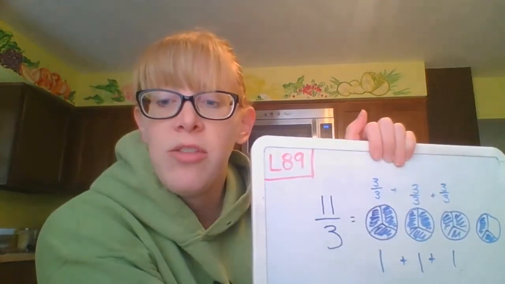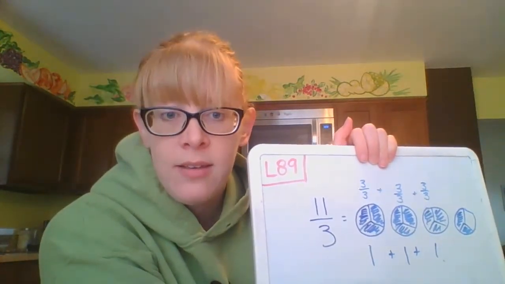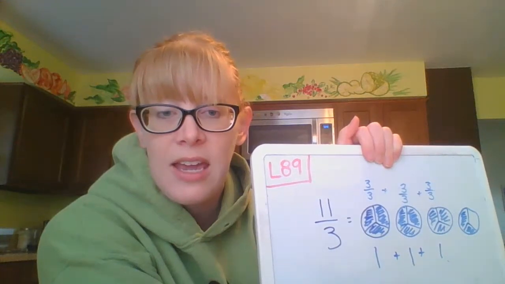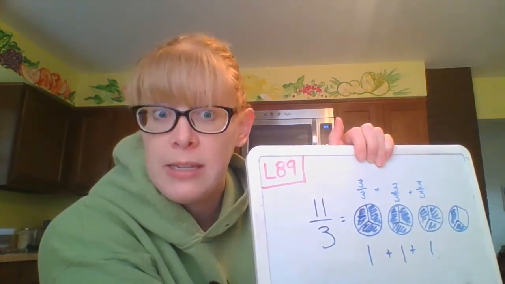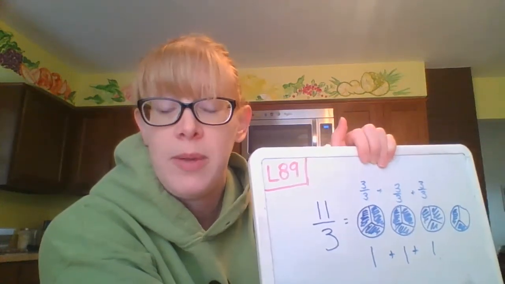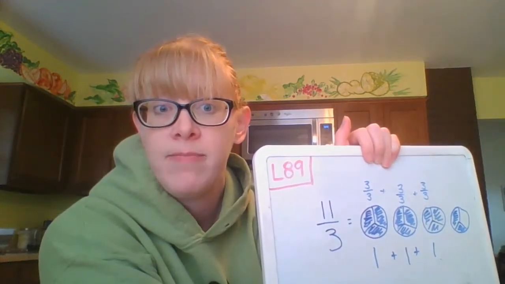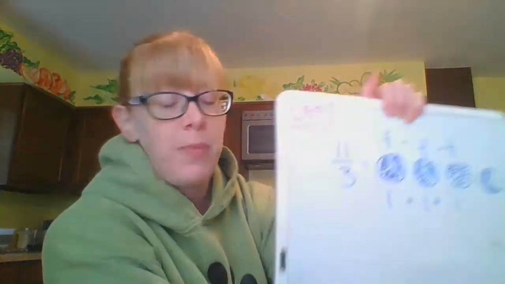11/3. So I ate 3 entire pizzas, and then I ate 2 more slices of a 4th pizza. I didn't eat 4 pizzas. I made 4 pizzas, and I ate 3 of them, and then I ate part of that 4th pizza.